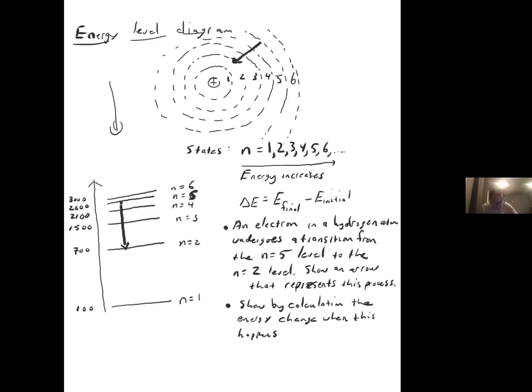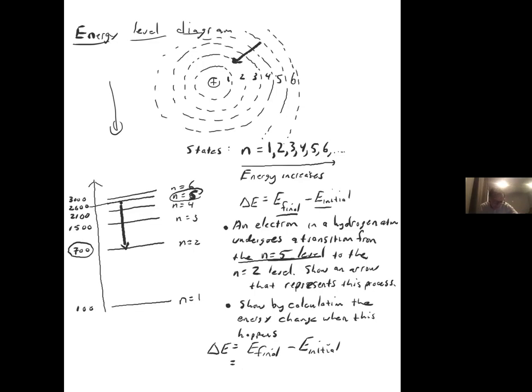Well, the energy change, delta E, is the final energy, that's where the electron ends up, minus the initial energy, that's where it starts. It started at n equals 5, right over here. So if it started there, the energy is 2,600. I'm sorry, let me get this straight.